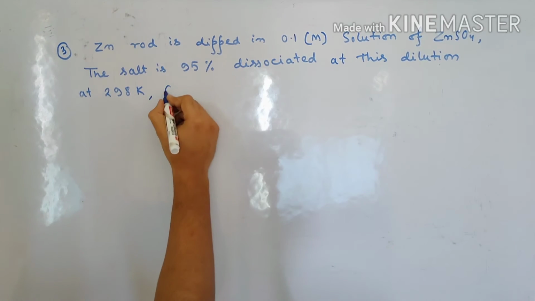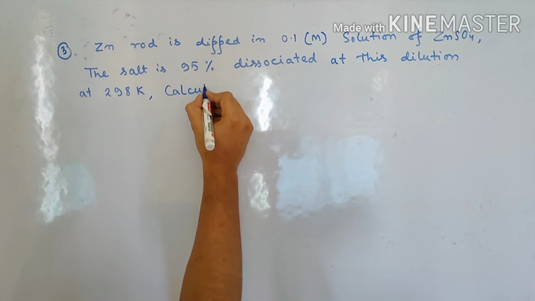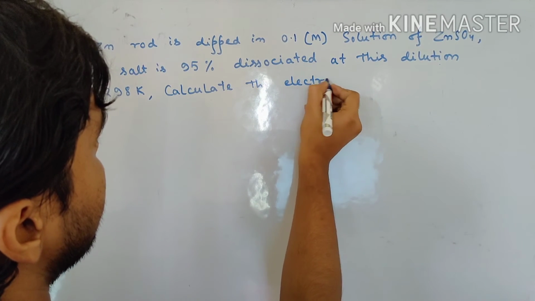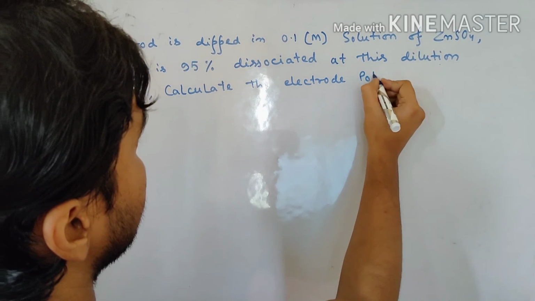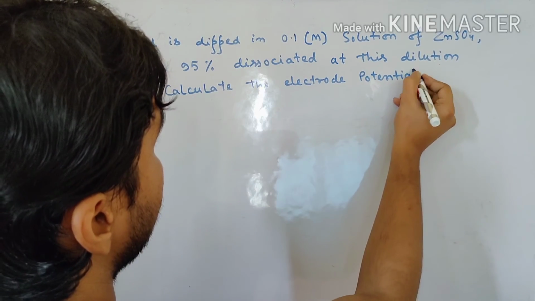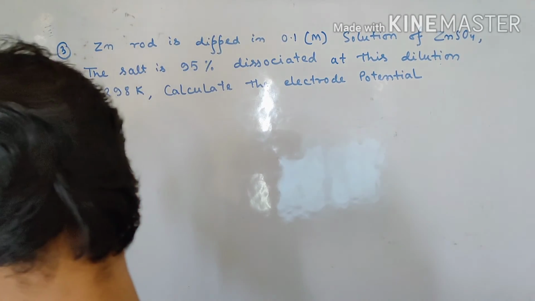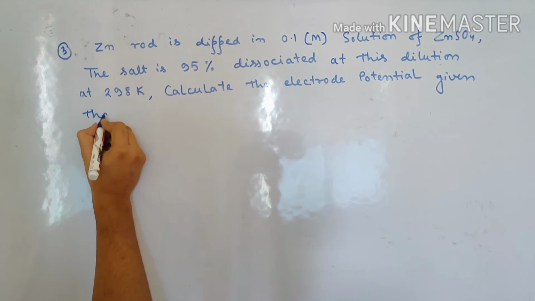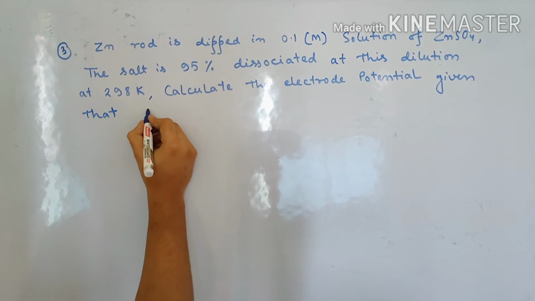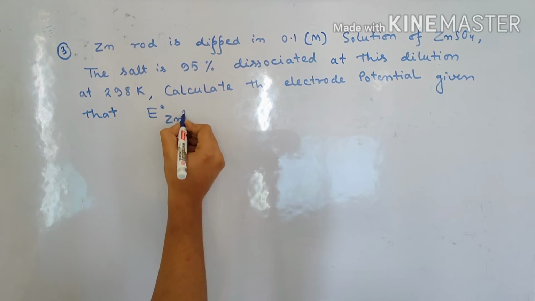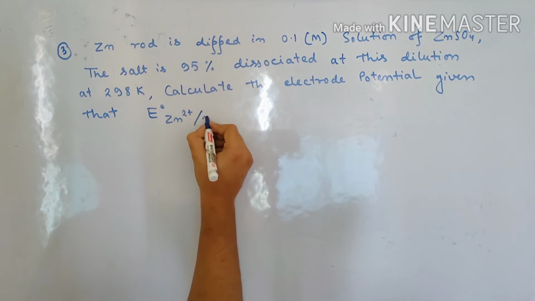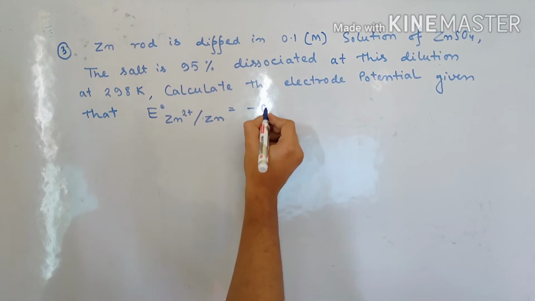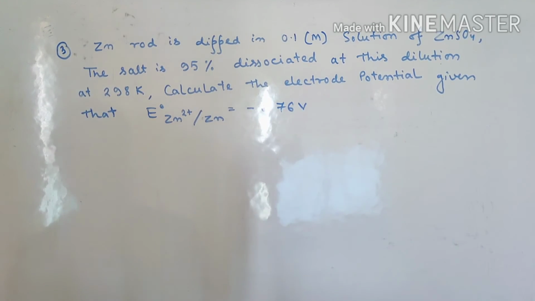Calculate the electrode potential, given that E0 of Zn2 plus by Zn is equal to minus 0.76 volt.